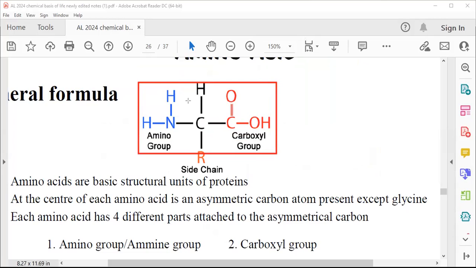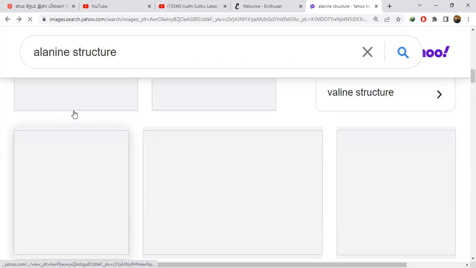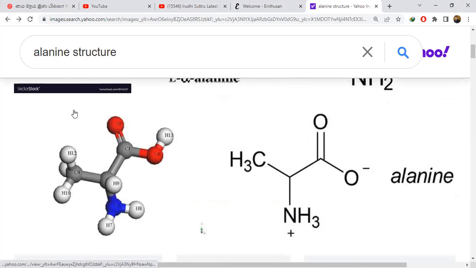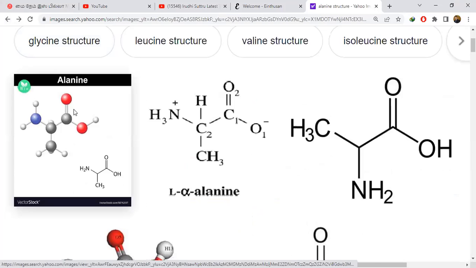No. The only changing part is the side chain. When I show you different amino acids, you should be able to identify different side chains. Understood?